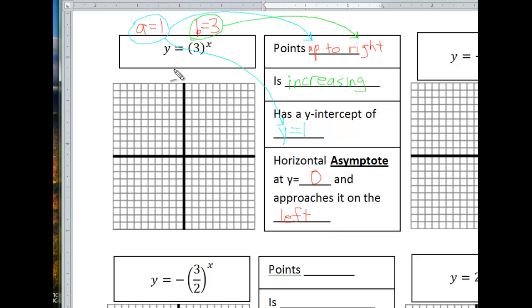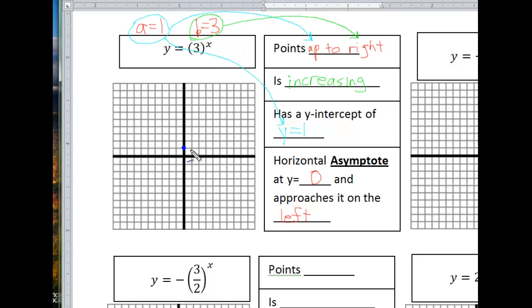So let's draw the graph then. We know the y-intercept is 1, so we will go ahead and put a point at 1. We know it's going to go up to the right and it's going to flatten out to 0 on the left. How do we know what? Well, let's just try one. What does this 3 to the x mean? Well, it means we're multiplying by 3 every time we go over 1.